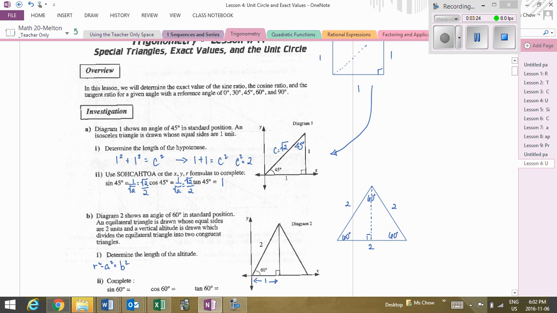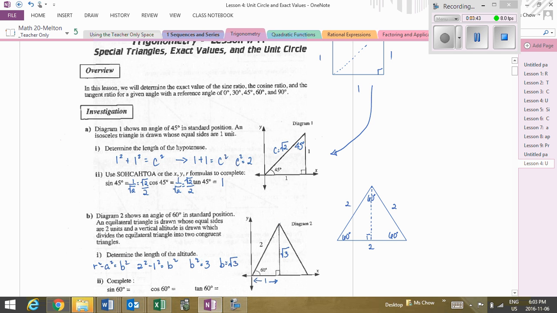So 2 squared minus 1 squared is equal to b squared. That's 4 minus 1, which is 3. So b squared is 3, which means that b is equal to root 3. So that is our altitude, root 3.